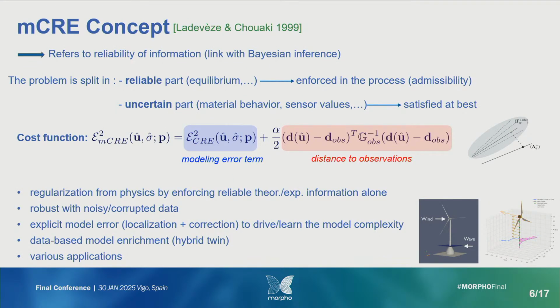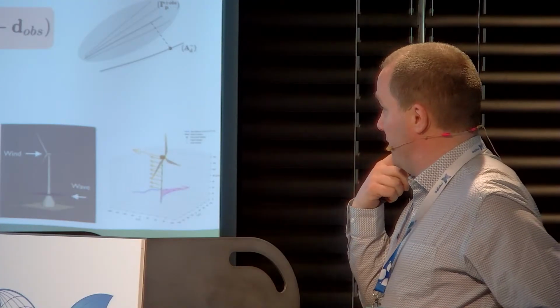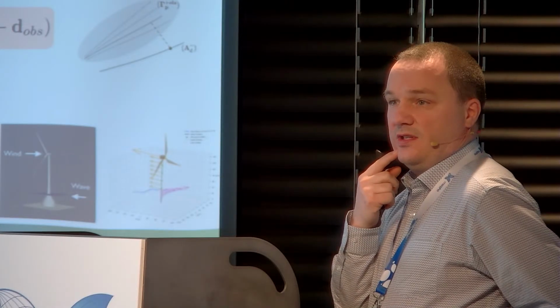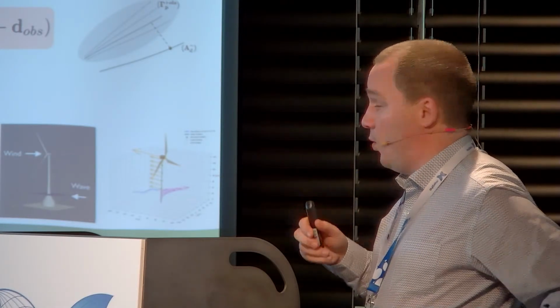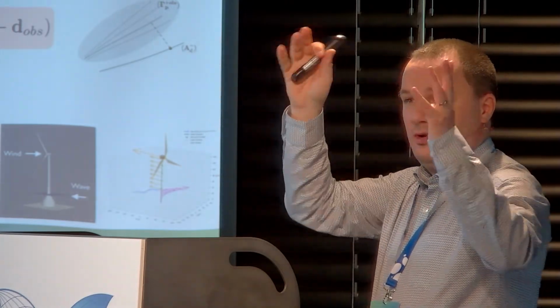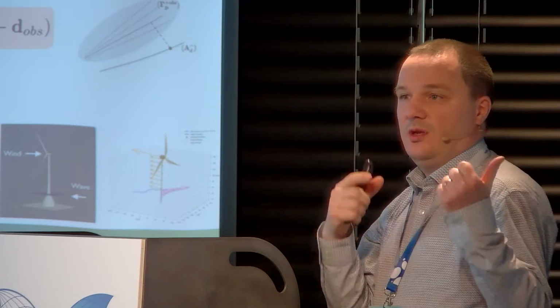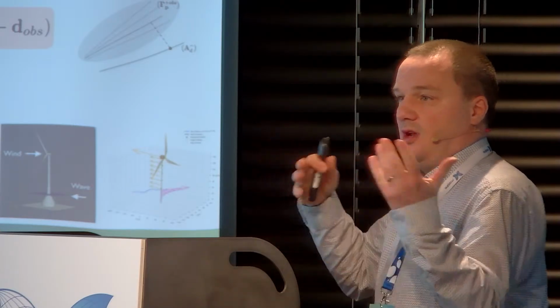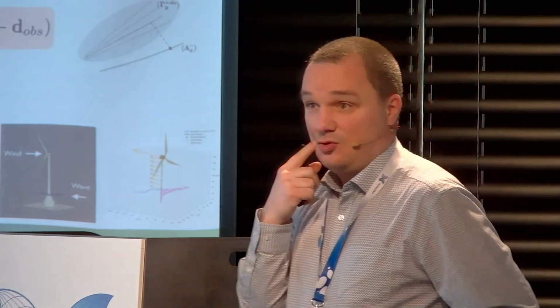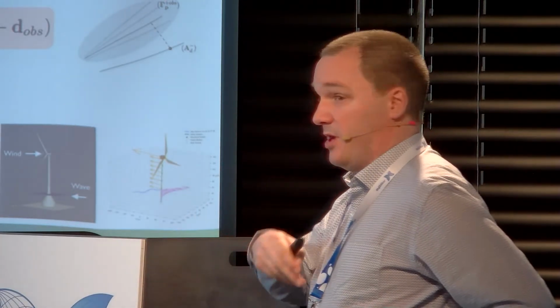That's the main concept of the project. That's my equation. And the idea is to use these tools. That's a tool which was developed for inverse analysis a long time ago. But for us, it's very interesting because that's a natural way to see data assimilation, in my opinion, where you're going to split what you know is reliable on your problem, balance equations, and some other physics you know, and you really lean on the modeling that has been performed by engineers for a long time.